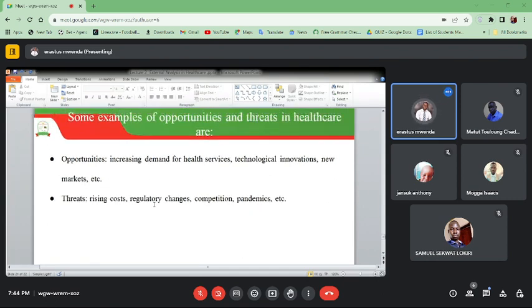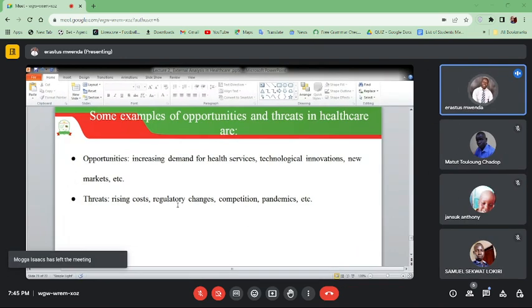As we wind up, some examples of opportunities and threats in healthcare. When we talk about opportunities, we could be having increasing demand for health services. That means there are things that we can do so that we can take advantage of this increasing demand. And also, we could be having improvements in technological innovations and new markets.